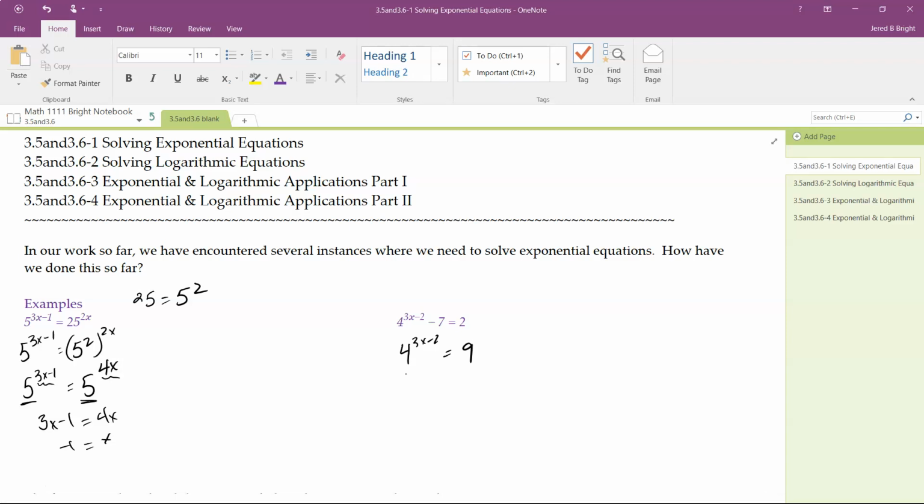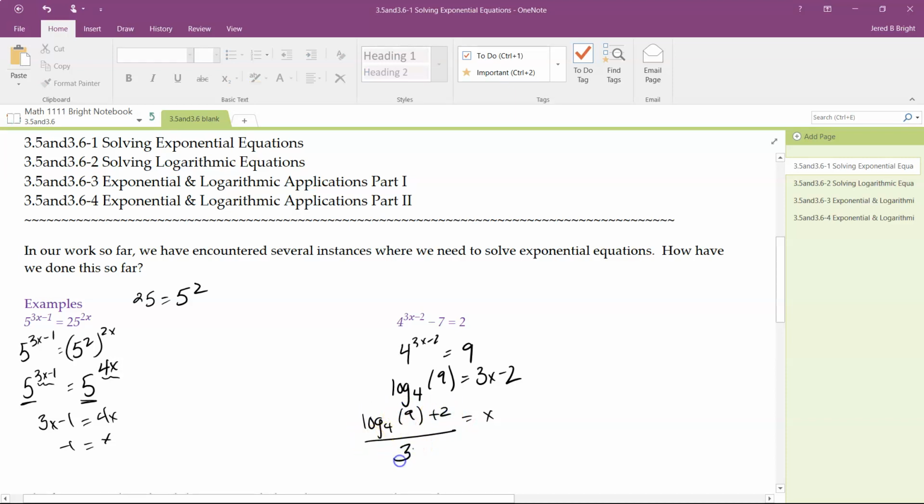So rather than struggle with this, we define our way out and look at the inverse. That idea introduced the logarithm. So this is the same as log base 4 of 9 is equal to 3x minus 2. Then add 2 and divide by 3 to solve this formally.